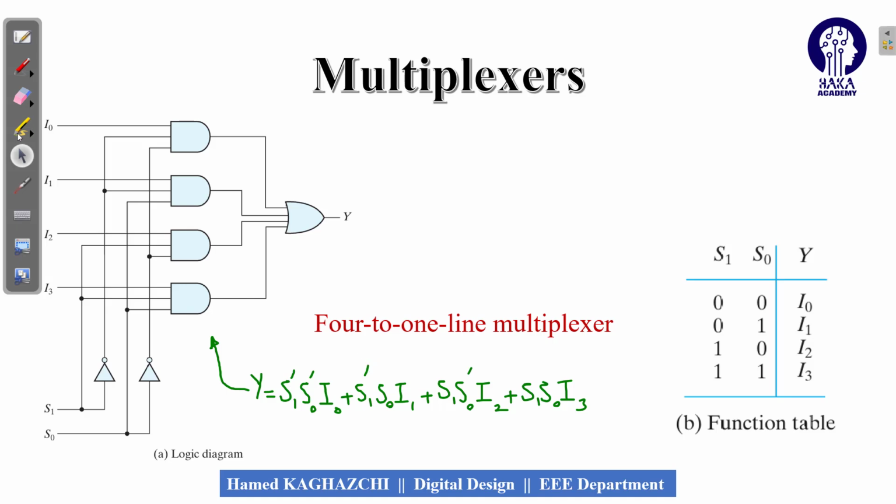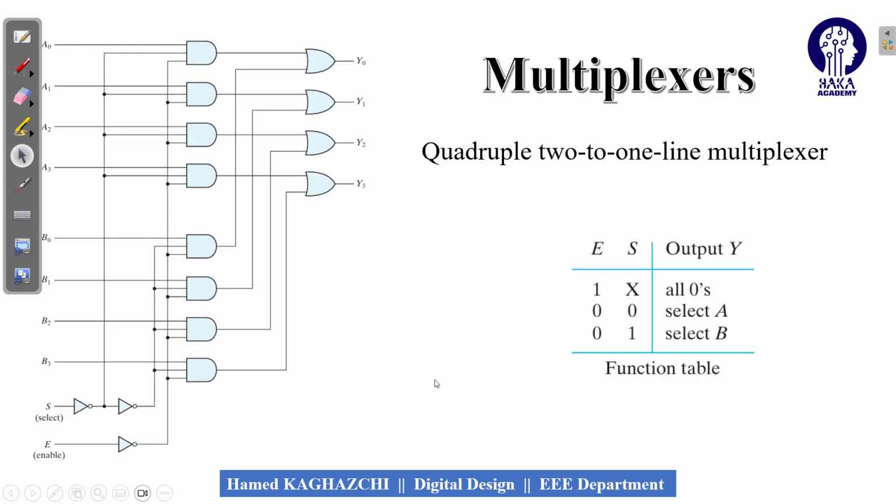The important thing in the case of the multiplexer is that we have the control lines, and using the control lines, at each time one of the inputs will transfer to the output.